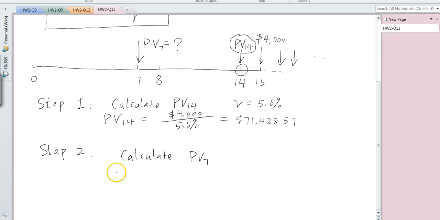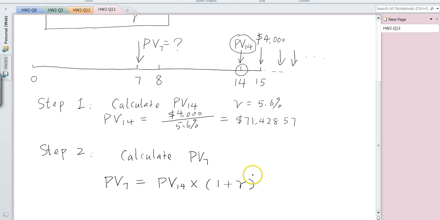Okay, so based on our discussion, now it should also be straightforward, because relative to year 7, year 14 becomes the future. And since we are only dealing with one single cash flow, we just need the formula for the present value of a future cash flow times 1 plus interest rate raised to the power of the number of periods between your baseline year, which is 7, and the future date, which is 14.